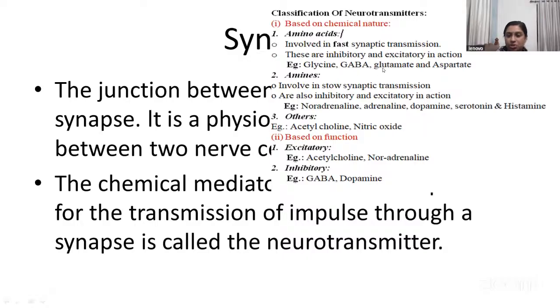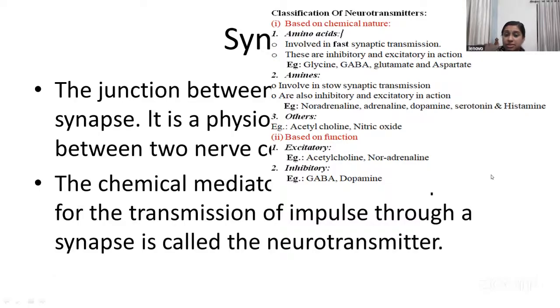The classification of neurotransmitters: according to the chemical nature, they can be divided into amino acids, amines, and other chemical substances. Amino acids provide fast synaptic transmission. They can be inhibitory or excitatory, for example glycine, GABA, glutamate, aspartate. Glutamate has an excitatory action, whereas GABA has an inhibitory action.